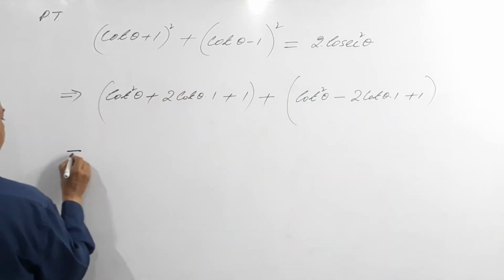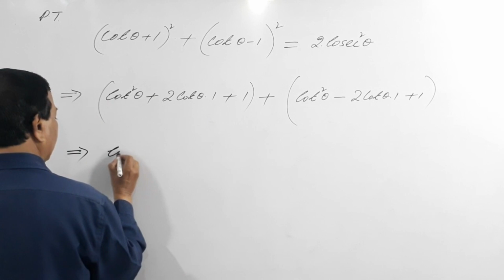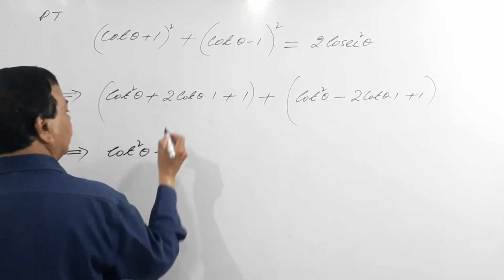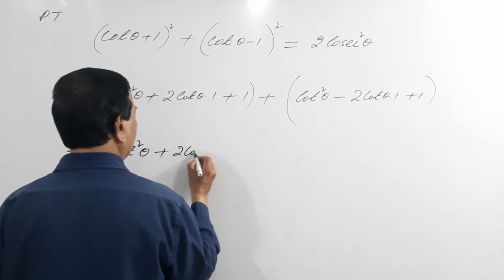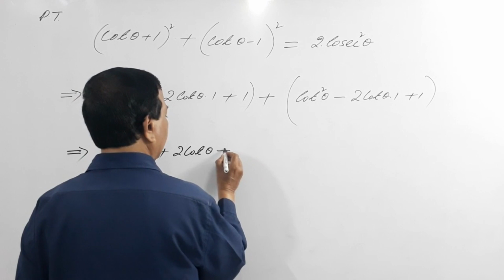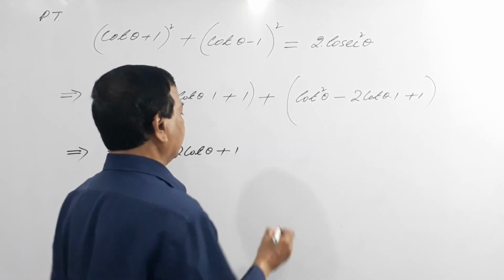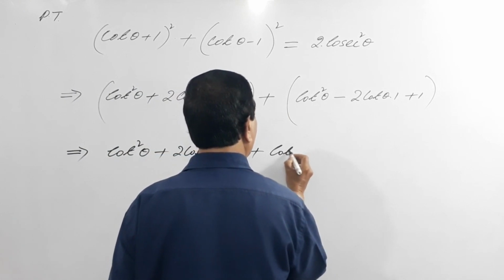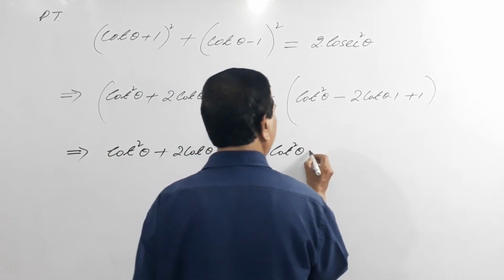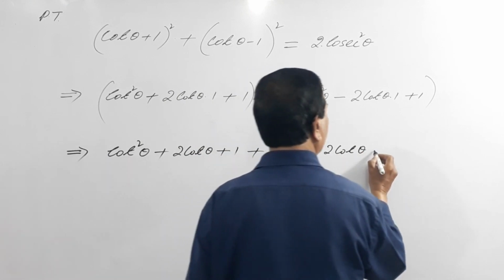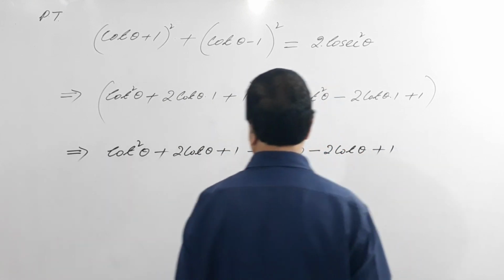So this equals cot square theta plus 2 cot theta plus 1, again here plus cot square theta minus 2 cot theta plus 1.